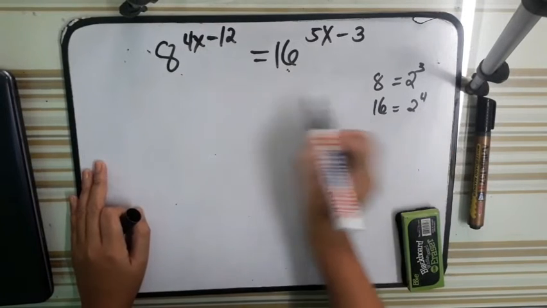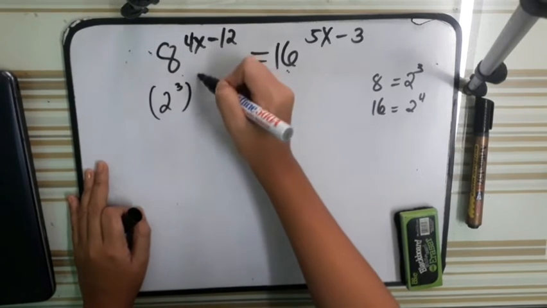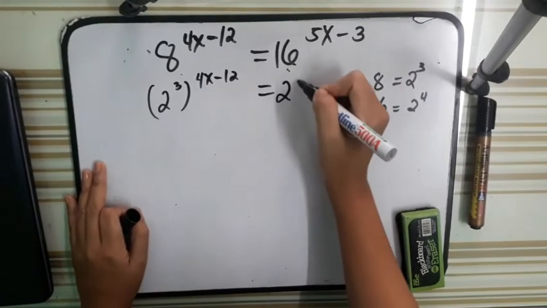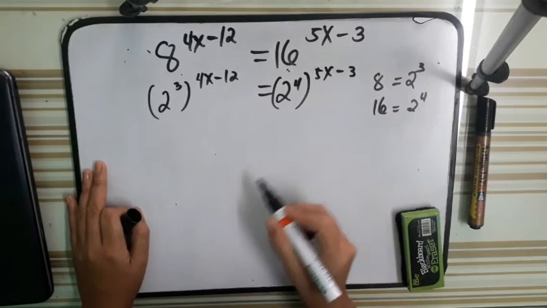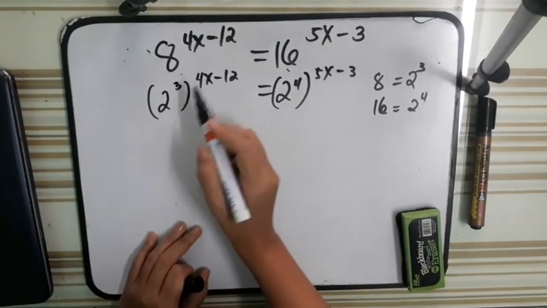So let's rewrite. So 8 will become 2 raised to 3 times 4x minus 12 is equal to 2 raised to 4 times 5x minus 3. Since the bases are the same, we need to distribute our exponent.